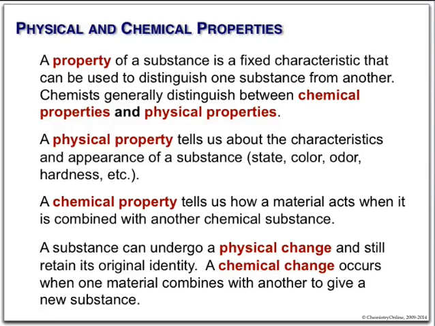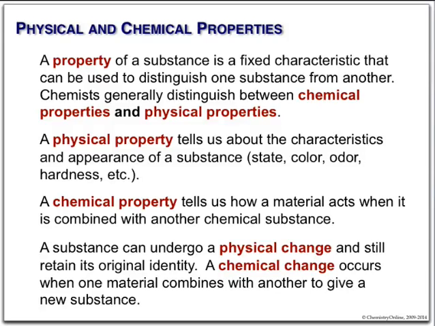If something undergoes a chemical change, when it combines with another substance, then we have a totally new substance being formed. So a chemical change is going to give us a totally new substance. Let's look at an example.